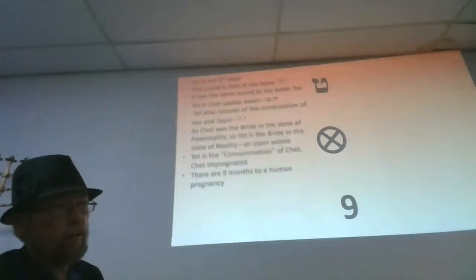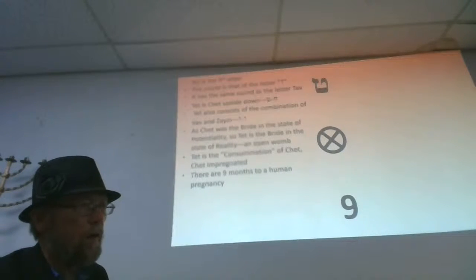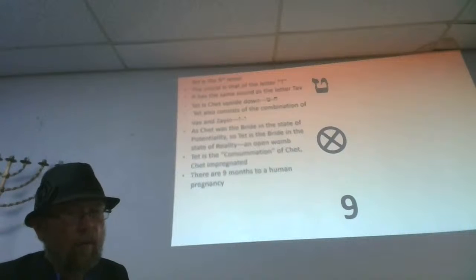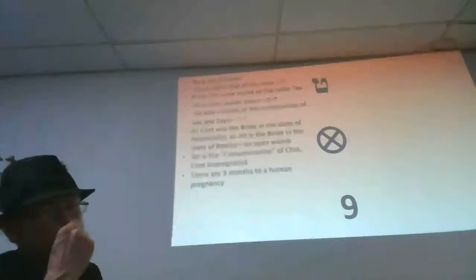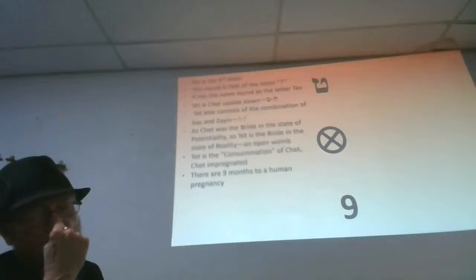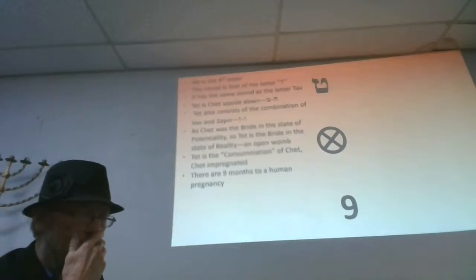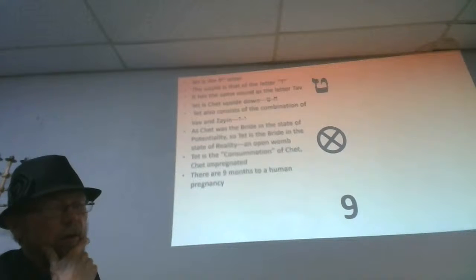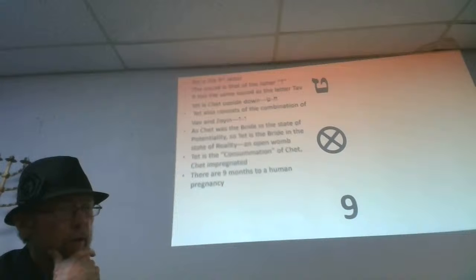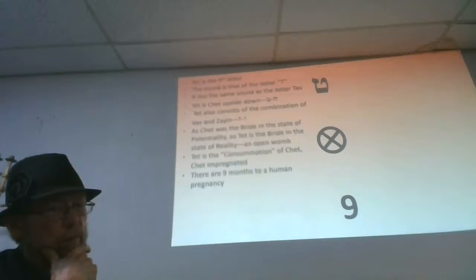And there are 9 months then given where the hope and the dream from that point becomes actuality and reality when the child is actually born. So we can say, in effect, that 9 can represent to us birth, a new birth.